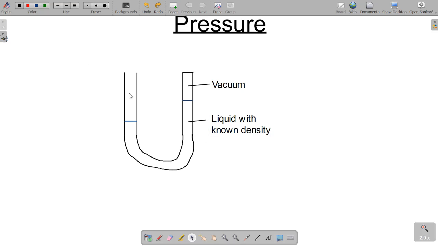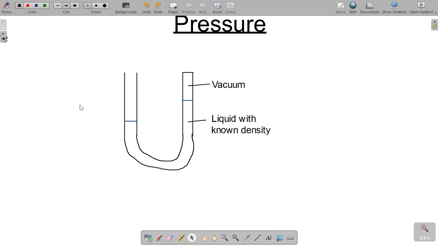Manometers can be used to measure the densities of gases or liquids by the pressure acting on the manometer.